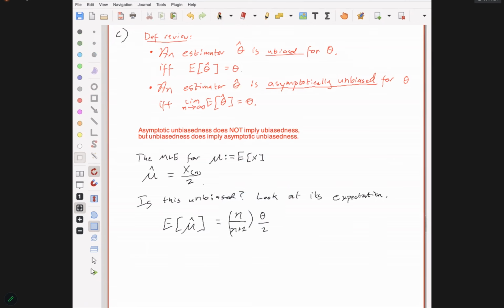And what is the important thing to note about this? I think n over n plus 1 is sigma, I think, or... So, all we need to know is that this is not equal to theta over 2, which is mu.